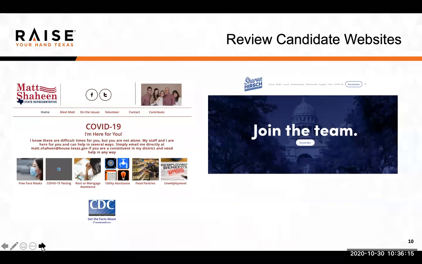Take a look at what content each candidate provides to you through their website. You can see for Matt, for instance, you can take a look at his background so you can meet him. You can find out what his positions are on the issues, volunteer for his campaign, contact him, or contribute money.